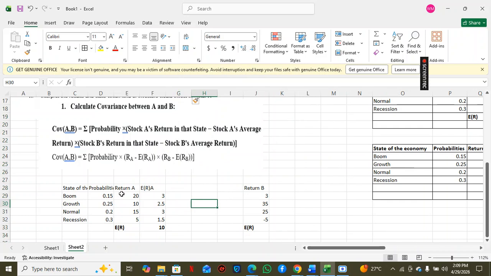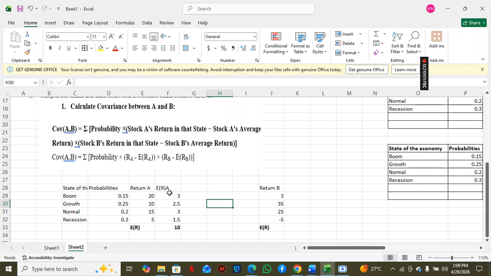So you have the probability multiplied by the return of A. For stock A, the expected return was 10, so you put 10 here for each row.